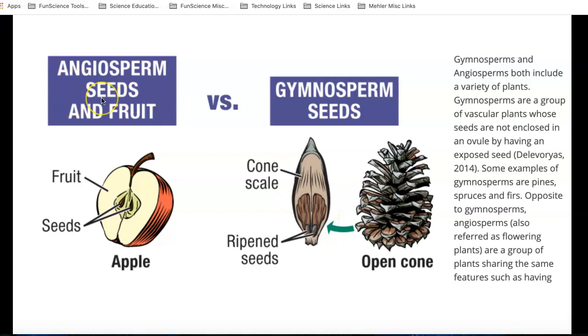But in an angiosperm, like this apple tree, there are seeds, but then there's fruit around them that allows food to nourish those seeds in the first few weeks and months of life. So that's the difference between an angiosperm and a gymnosperm. Remember, both of these are seed plants. Both of these are also vascular plants.